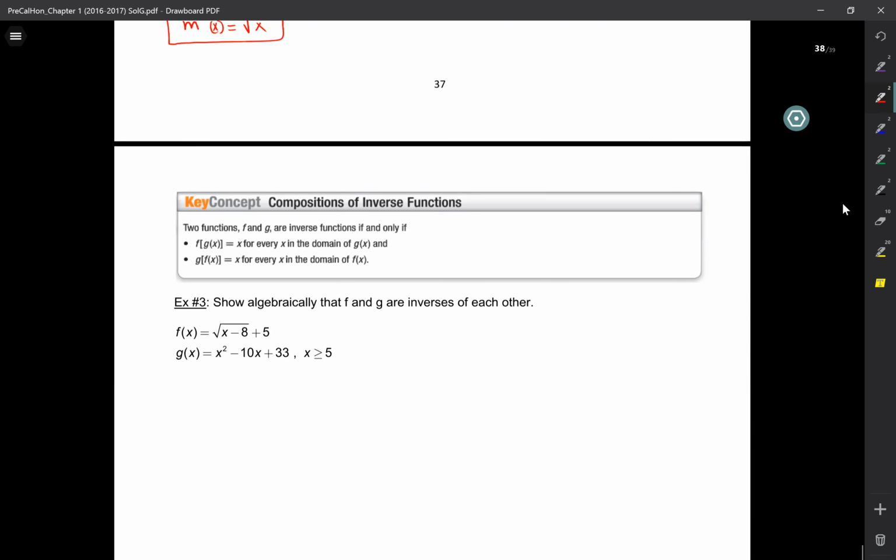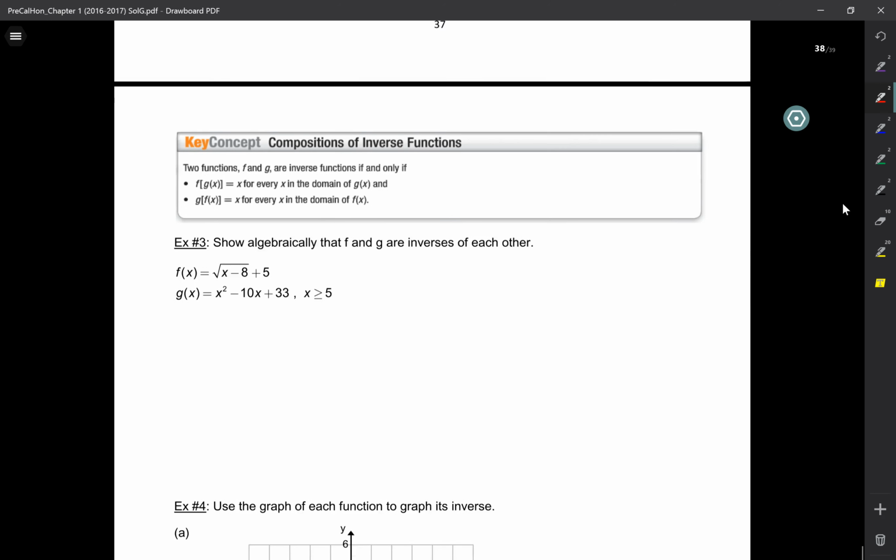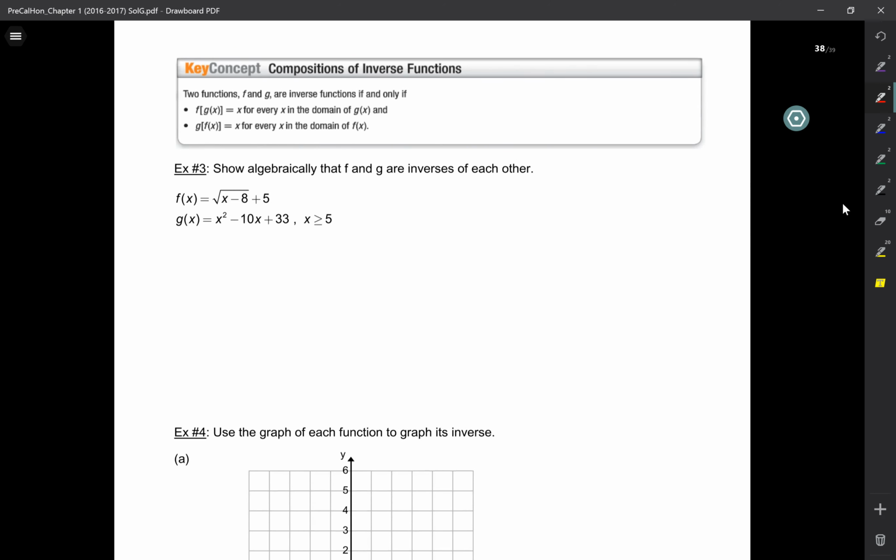All right. Now, you're walking down the street. You see two functions, and the billboard claims that they're inverses. Is there a way to check? There is a way to check algebraically. So the way to check is this. If two functions are inverses, then if you find f of g of x, you should get an answer of x.